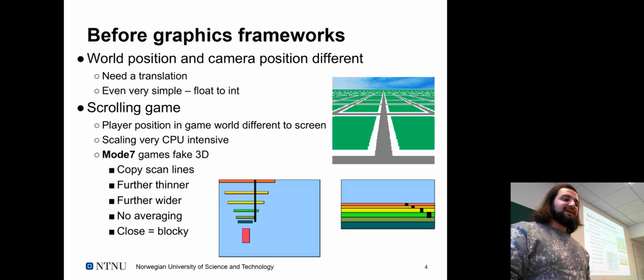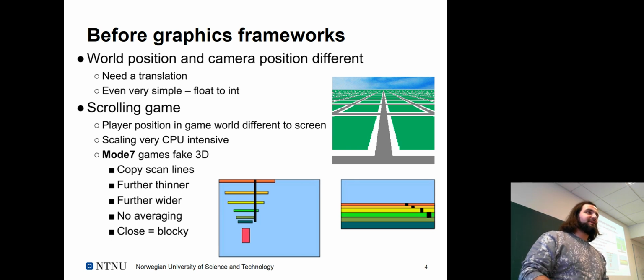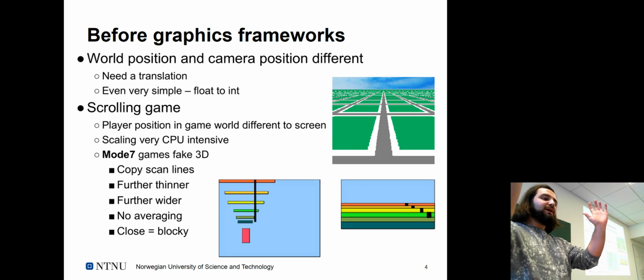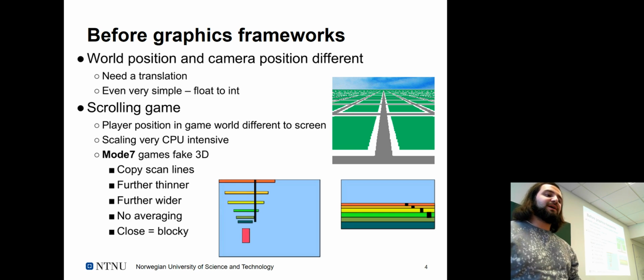So initially it was just scrolling games that we have seen in the first lecture, when you have just a side view and a 2D plane, but there was still a created illusion of 3 dimensions.